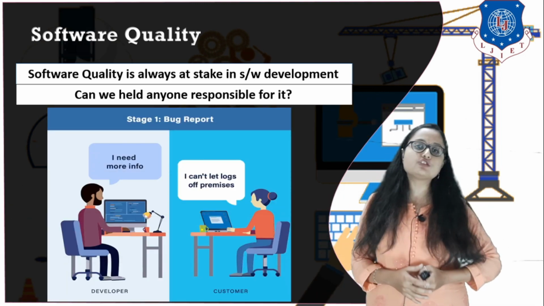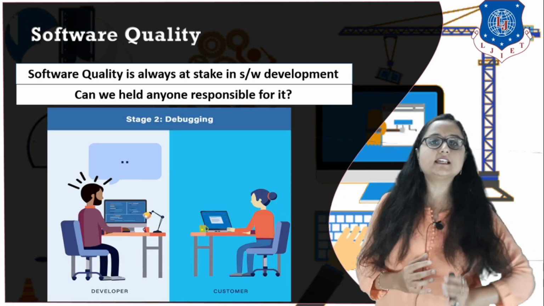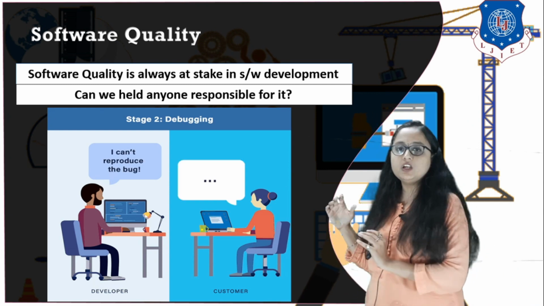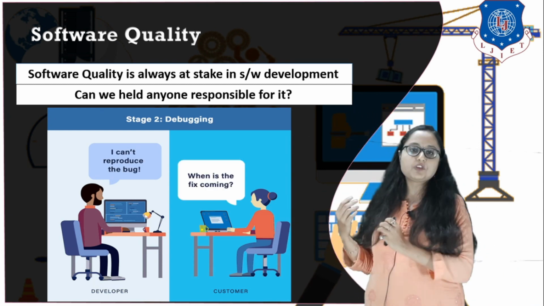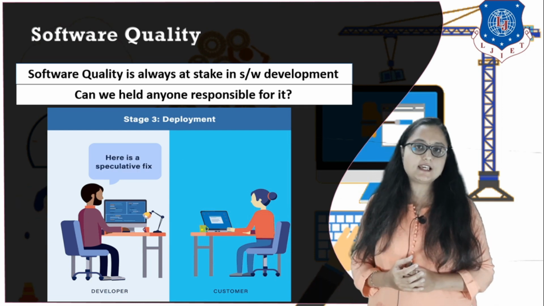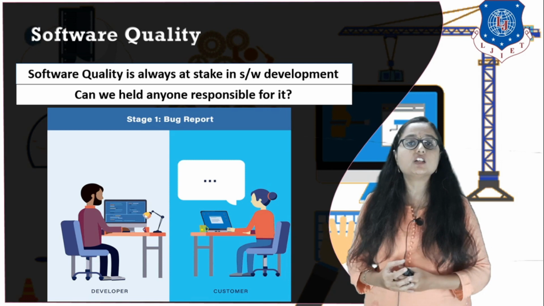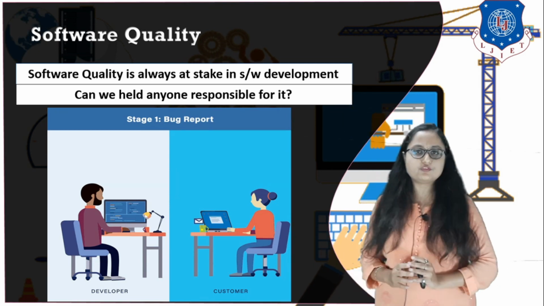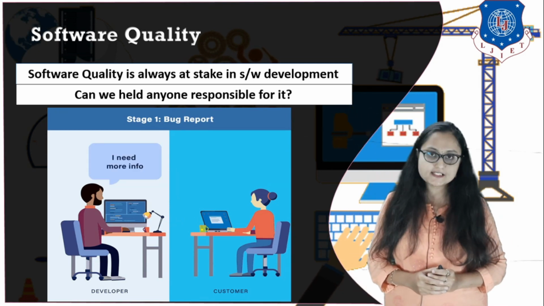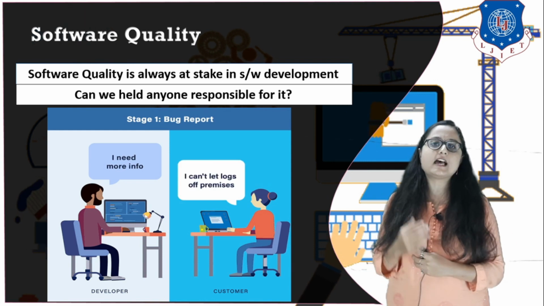In the software industry, there is always a battle between the customer and the developer. The customer always says that whatever your software organization is delivering to me is not quality software. You always have some sort of bugs in it, and due to this I am frustrated.